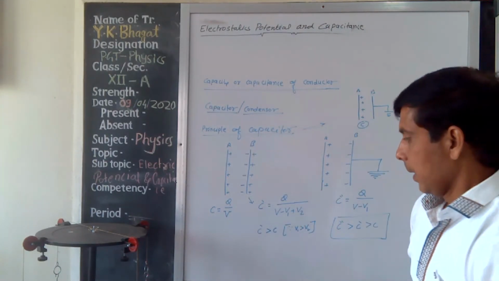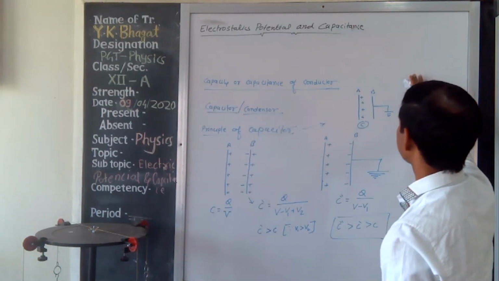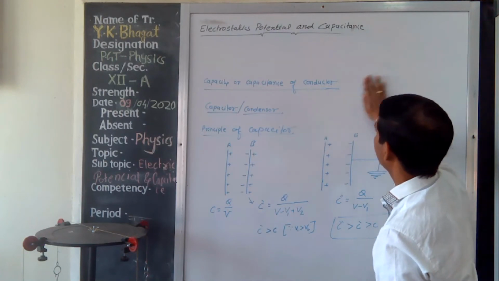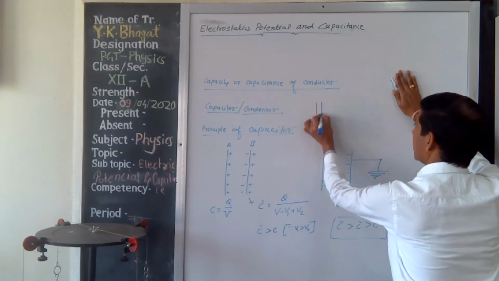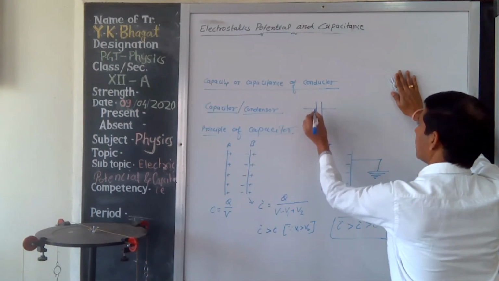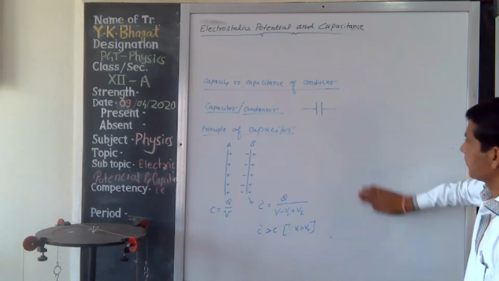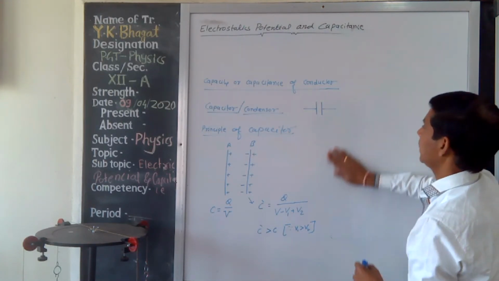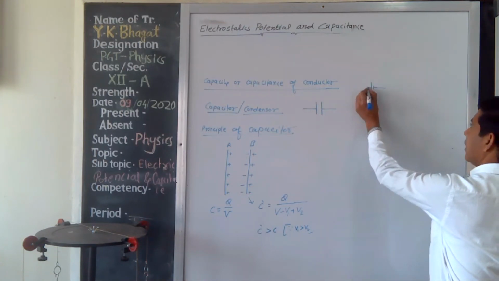Okay. There are many types of condenser. The symbol of a condenser is 2 lines of equal length. If one line is small, then it becomes the representation for a cell.